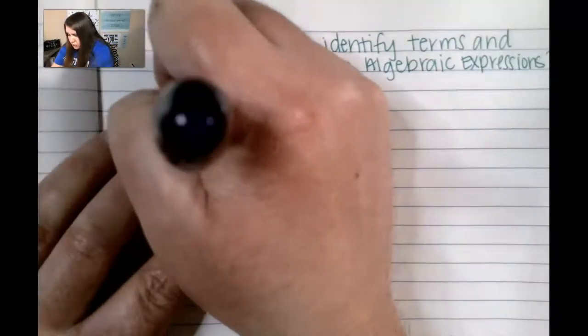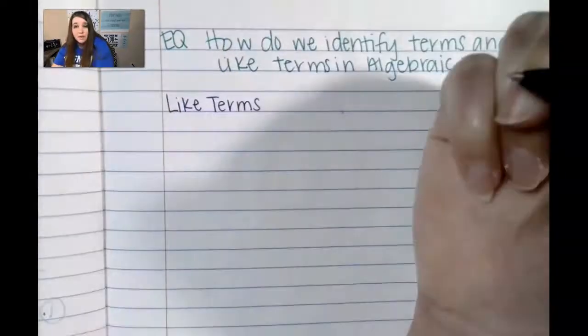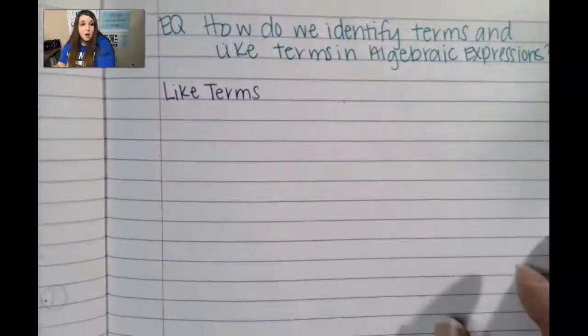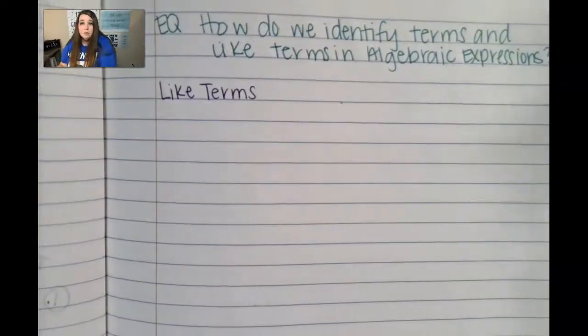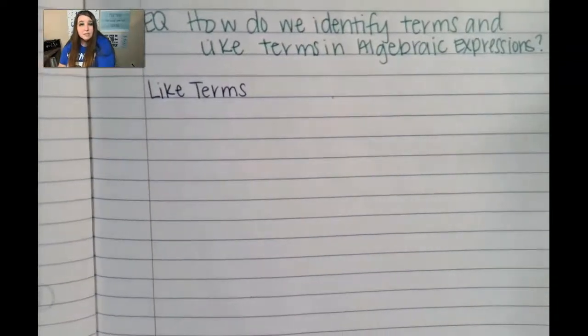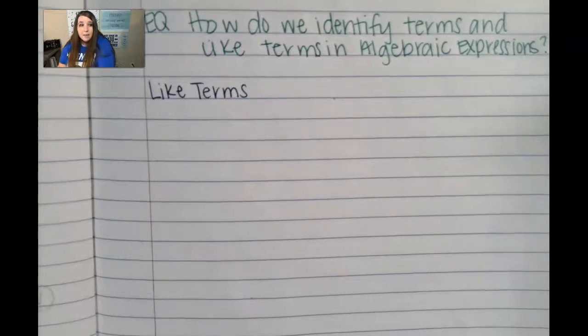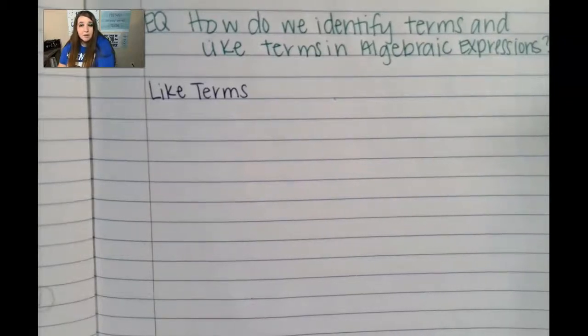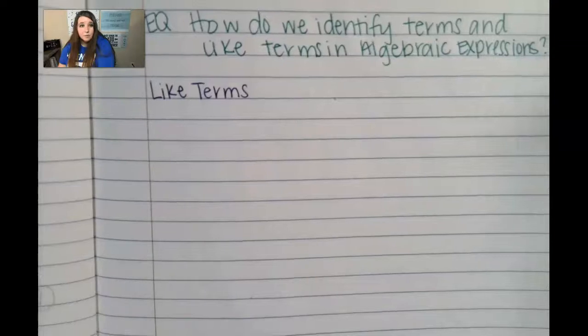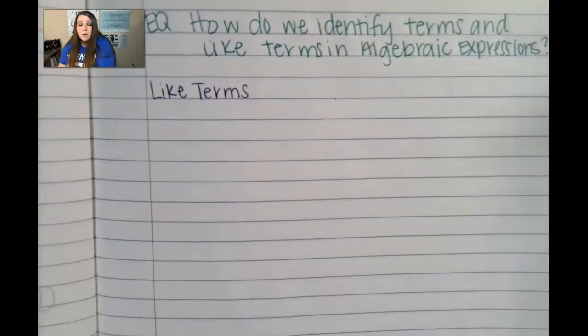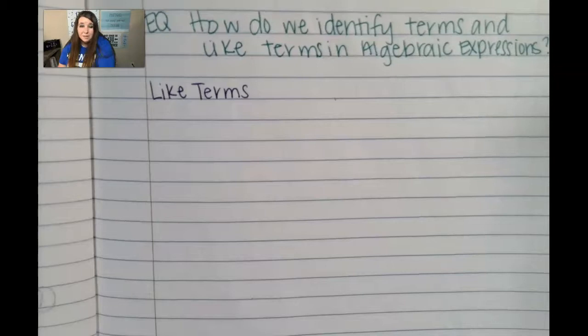So first of all, let's talk about the word like terms. What are like terms? Well, like terms are just what they sound like. They are parts of the algebraic expression, so like the pieces that make up the expression or the sentence, and they have things that are the same, whether it's the same variables or the same exponents, or they are just plain constants.